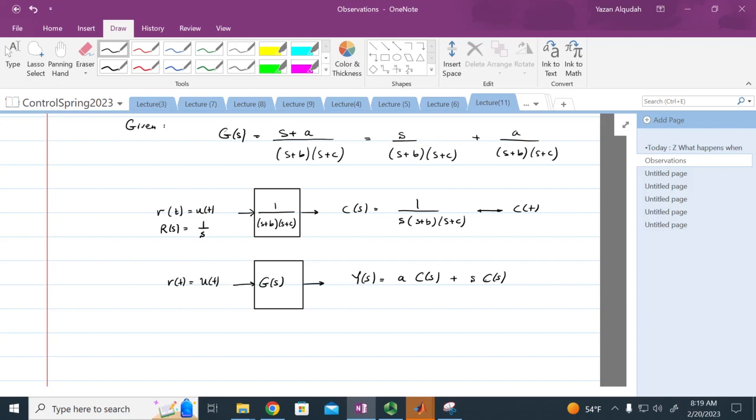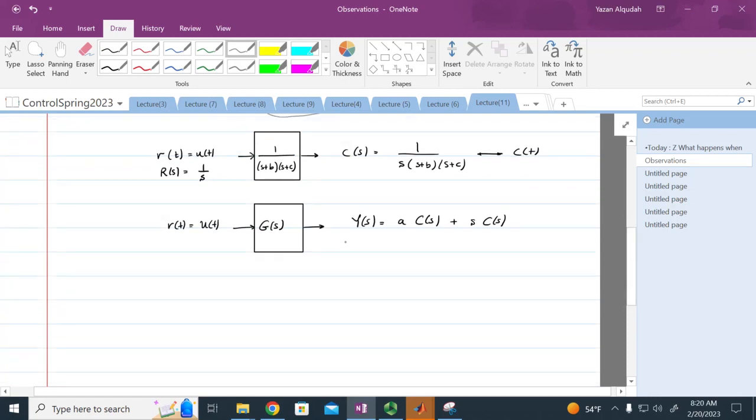If I take only the denominator and the numerator is 1 of this, and I call this the response of that part, C of s, then if it is multiplied by s plus A, the output is going to be A multiplied by C of s plus s multiplied by C of s. Everybody sees that? Okay.